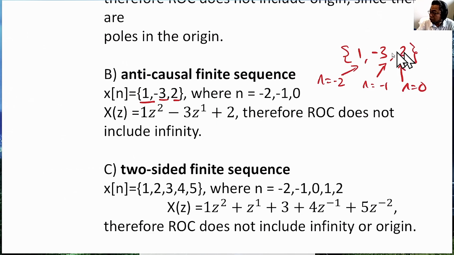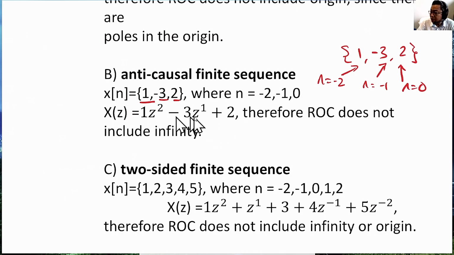So we only have 3 values in the sequence and the indexes correspond here. We perform the Z transform. Those elements on the left of the origin will get positive powers of z because n is negative here. So z squared is this coefficient, minus 3z is this coefficient, and 2 with z to the power of 0 is this coefficient for the polynomial X(z).